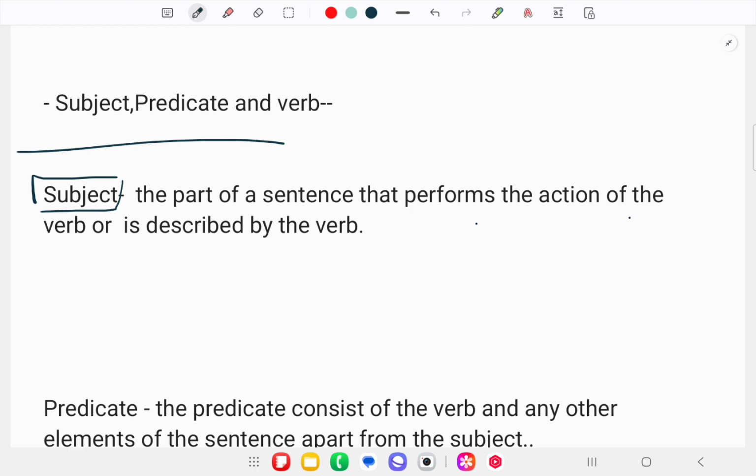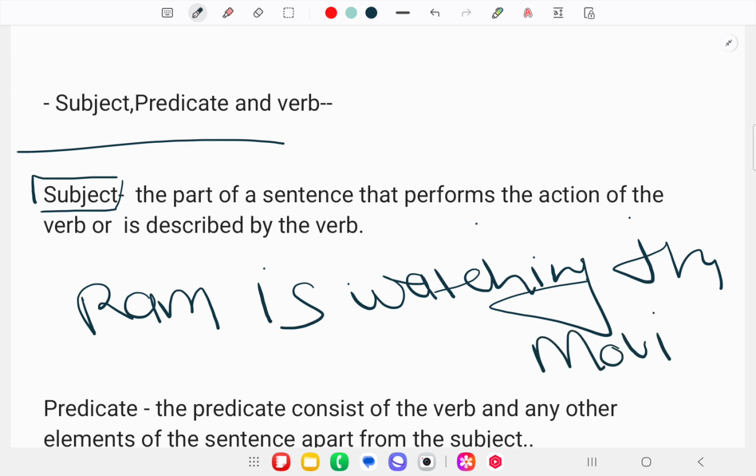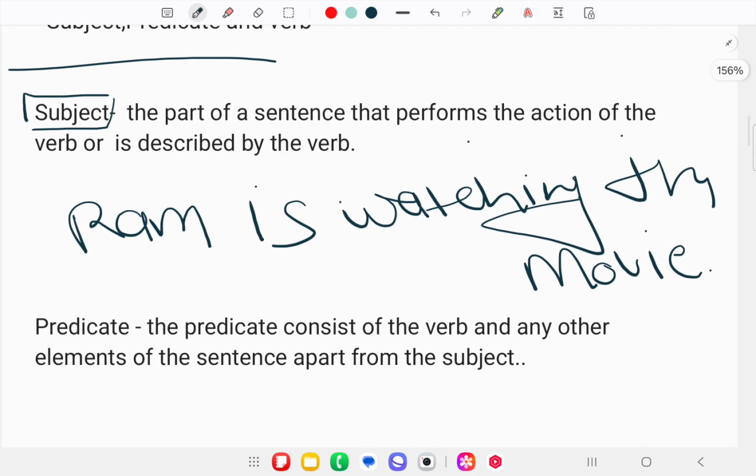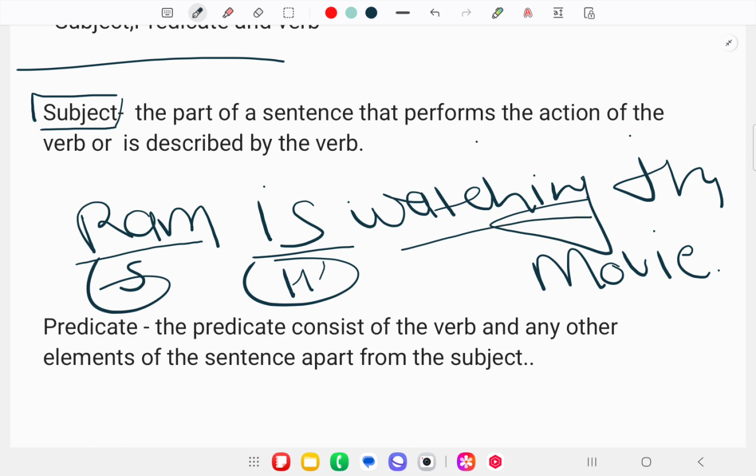Like if I say, Ram is watching the movie. In this example, we can see that Ram is the subject portion, this one is the helping verb or auxiliary verb, watching is the main verb, and this one is the object portion.